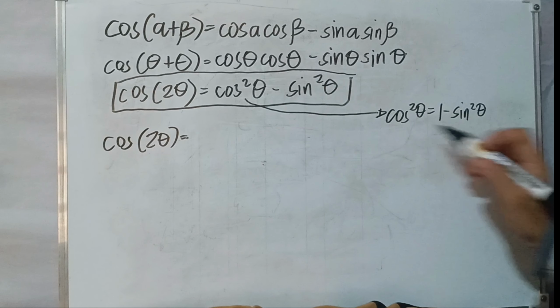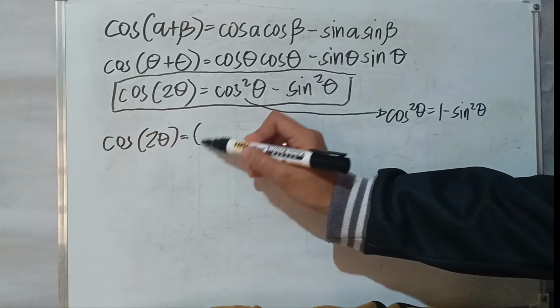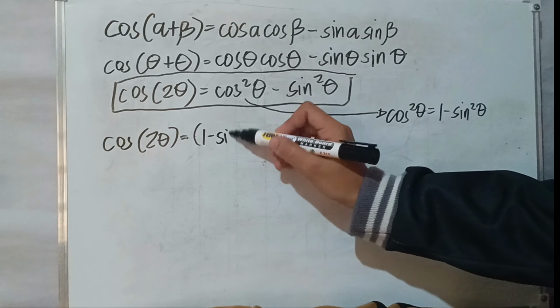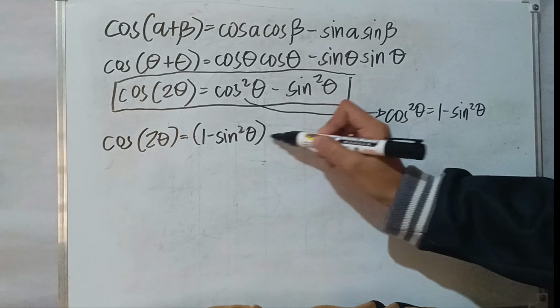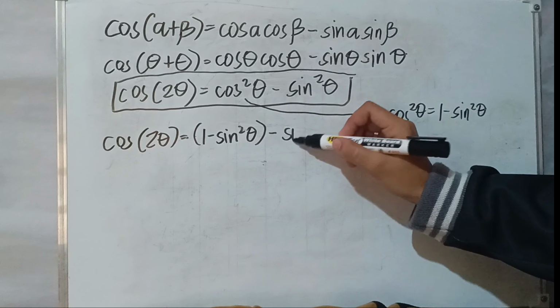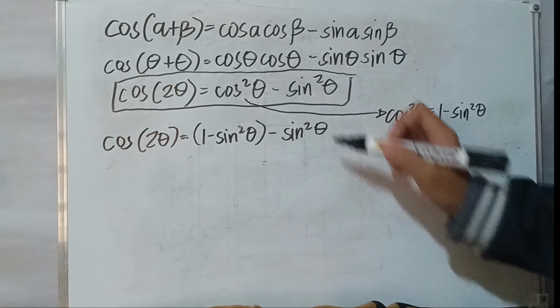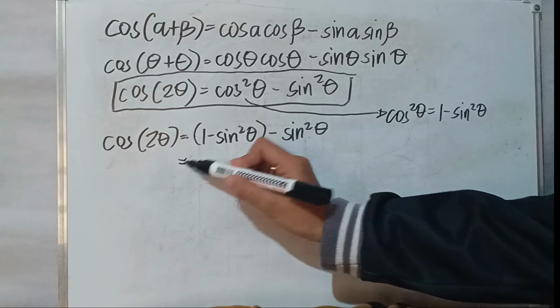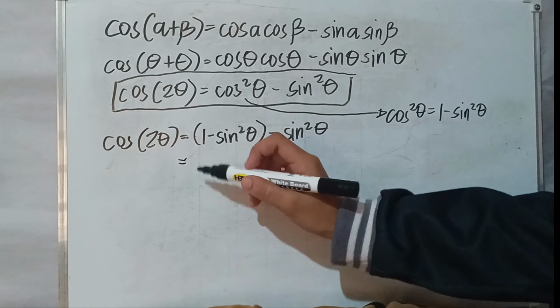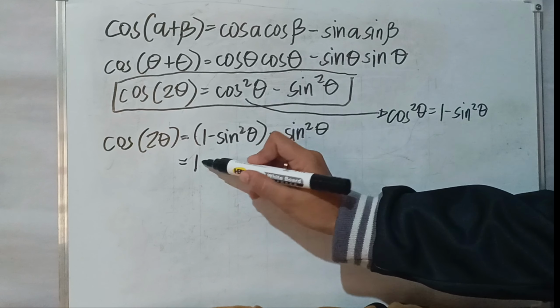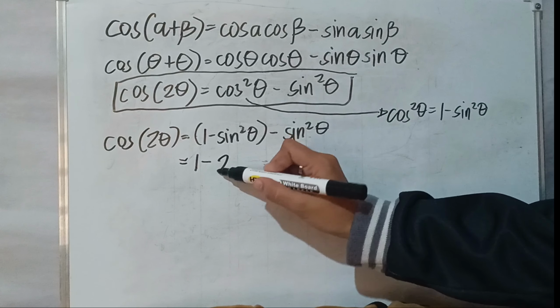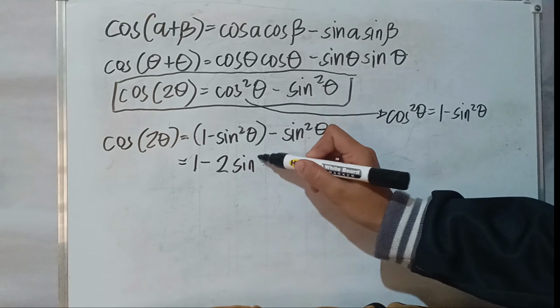So we replace the cosine squared theta like this: 1 minus sine squared theta minus sine squared theta. And it will become like this. Cosine 2 theta is equal to 1 minus 2 sine squared theta.